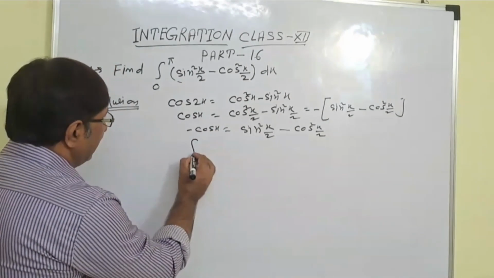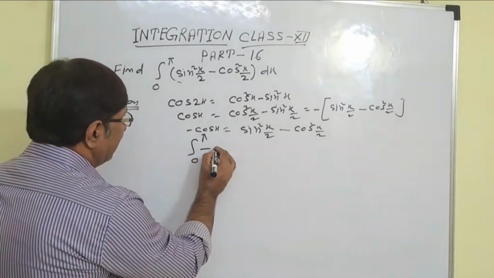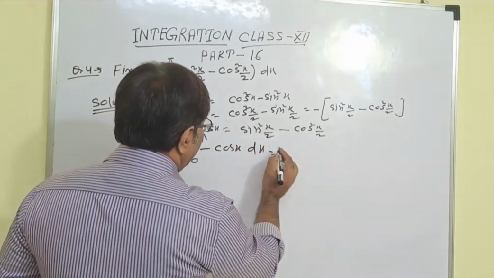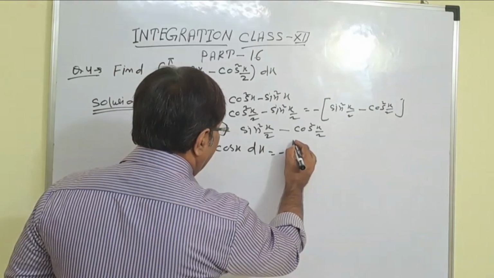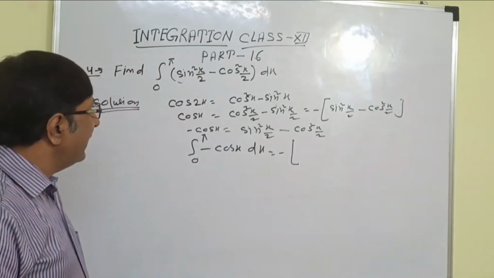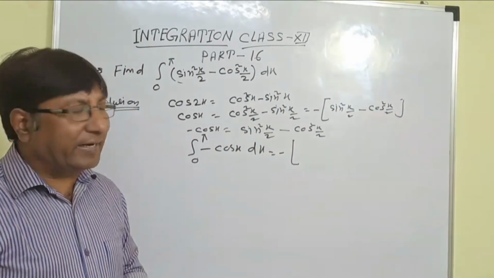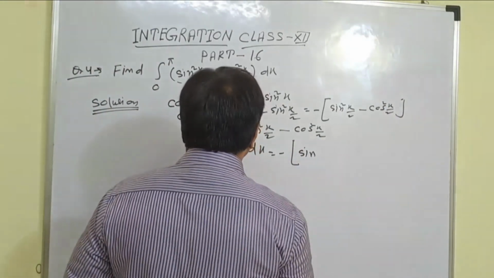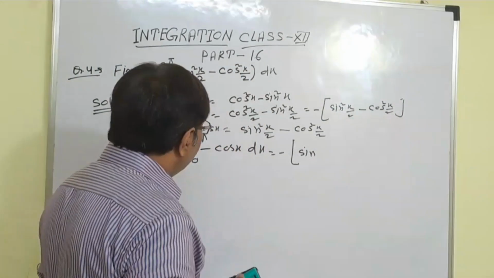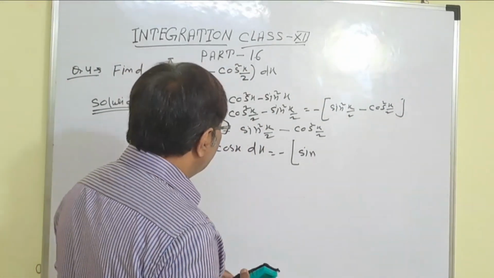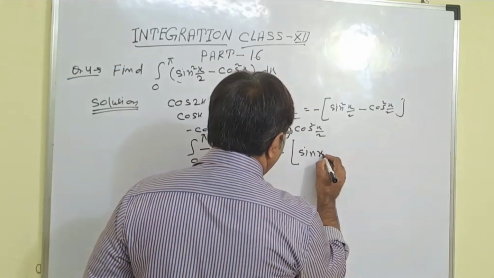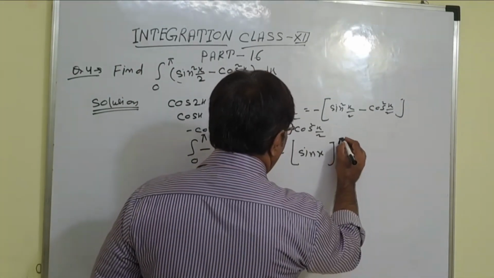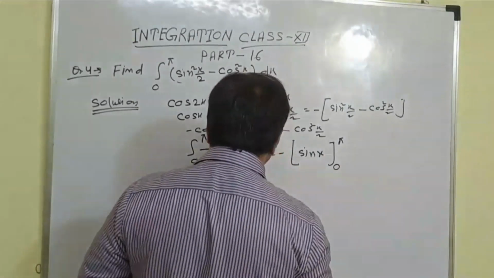So this is the integral from 0 to pi of minus cos x dx. Now keep the minus here, and the integration of cos x is sin x. So we can write sin x with upper limit pi and lower limit 0.